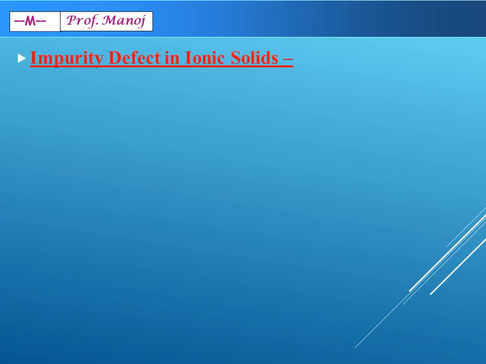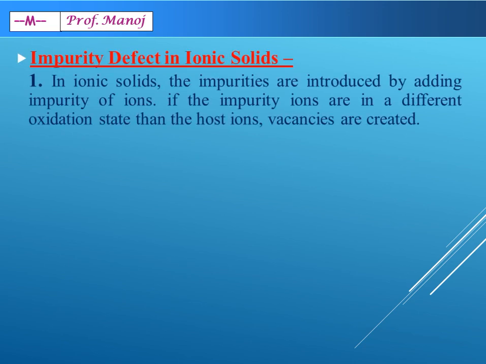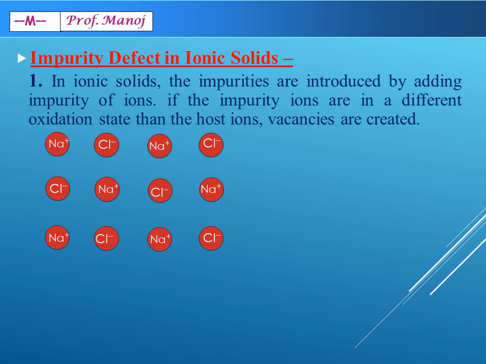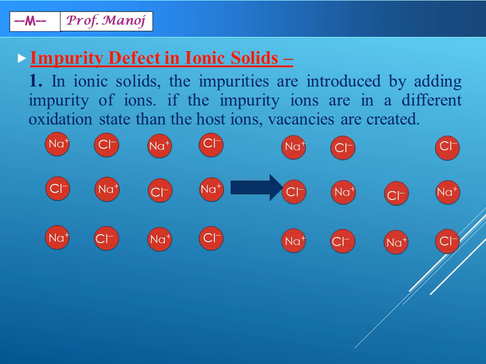Let us imagine impurity defects in ionic solids. In ionic solids, impurities are introduced by adding impurity of ions. If the impurity ion is in a different oxidation state than the host ion, vacancies are created. For example, in sodium chloride crystal, if we replace sodium with strontium, one other sodium gets vanished.